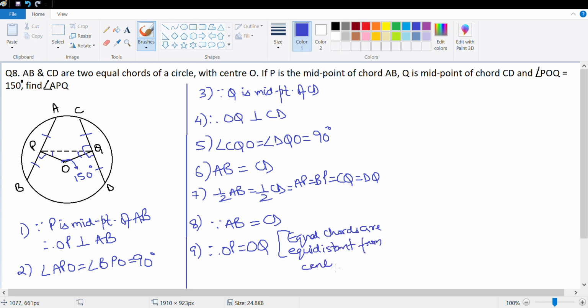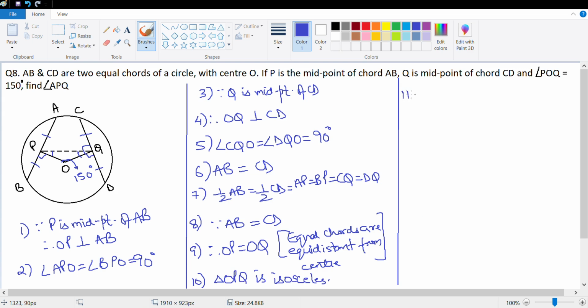This is the property that we had done and proved in the first exercise, but we use this a lot in the second exercise, which means triangle OPQ is isosceles because OP and OQ are equal.